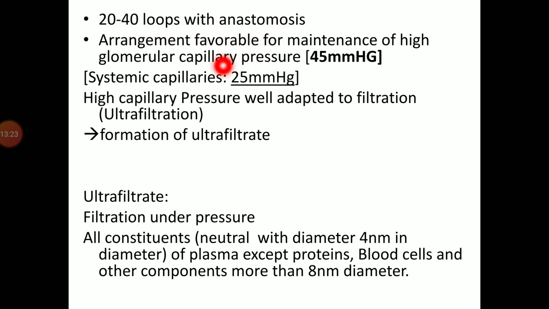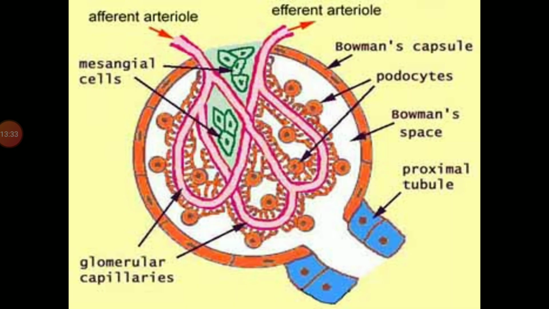This arrangement is very favorable for the maintenance of the high glomerular capillary pressure, that is 45 millimeters of mercury. Here you can see that the blood which is coming from the afferent arteriole, as it goes into the capillary, has a hydrostatic pressure comparatively higher than that of the blood in other capillaries of our body.